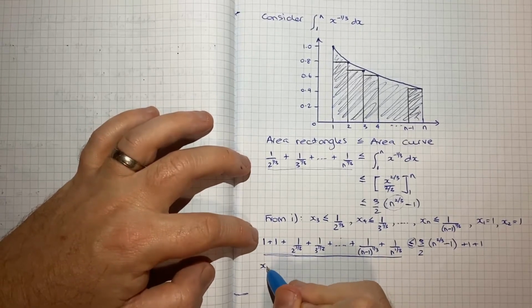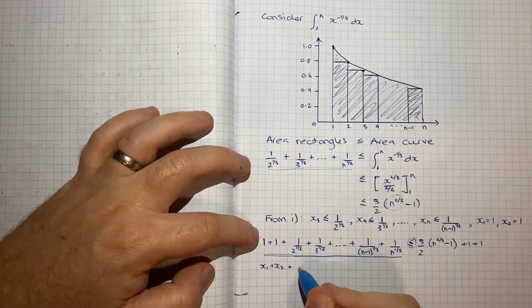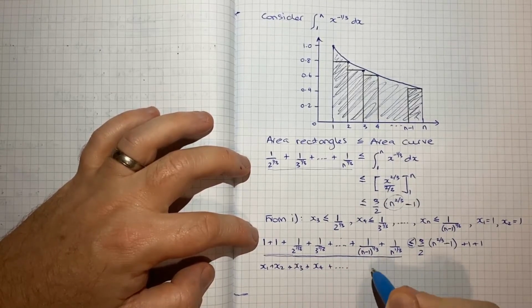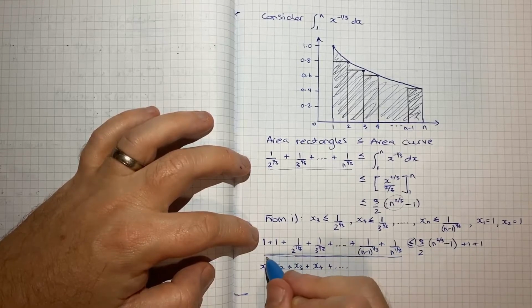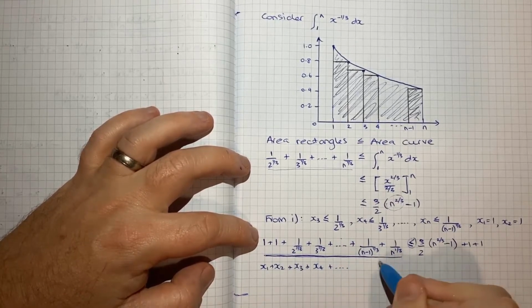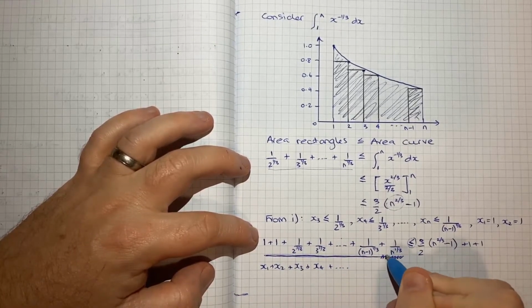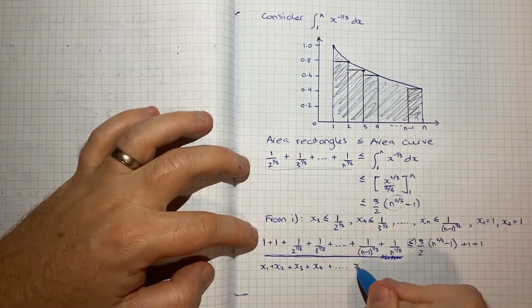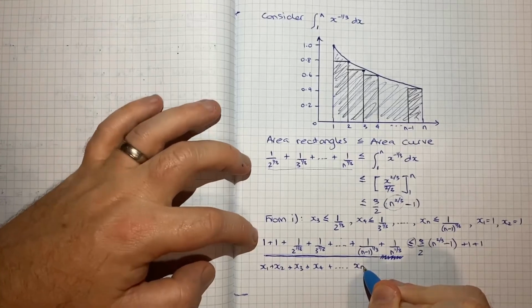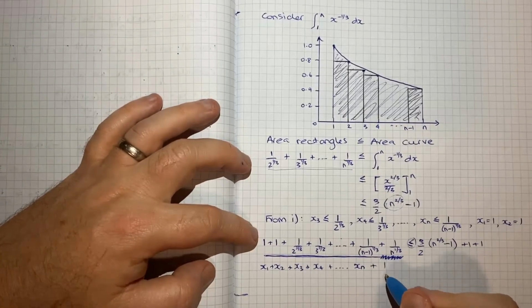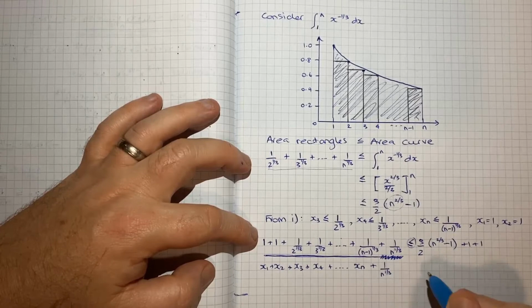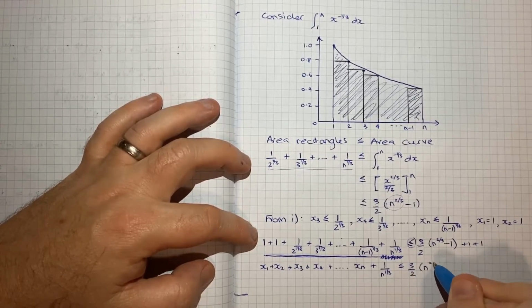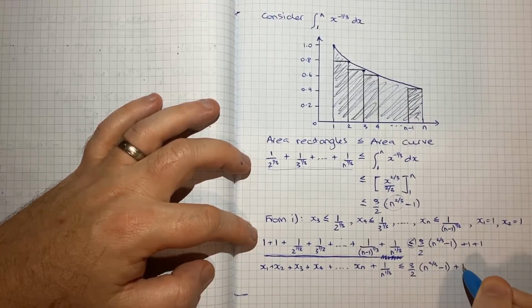So we can go x1 plus x2 plus x3 plus x4 plus all the way up to xn, because we only go up to there. So plus xn, so that plus 1 on n to the third, that's going to be less than or equal to 3 on 2 n to the 2 on 3 minus 1 plus 1 plus 1.